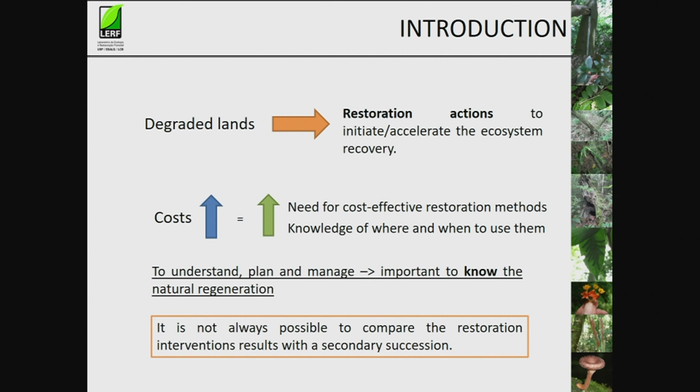To understand, to plan, and to manage the interventions, it is important to know how natural regeneration behaves in a certain site. And it is not always possible to compare the intervention's results with a secondary succession. But here we made this comparison.